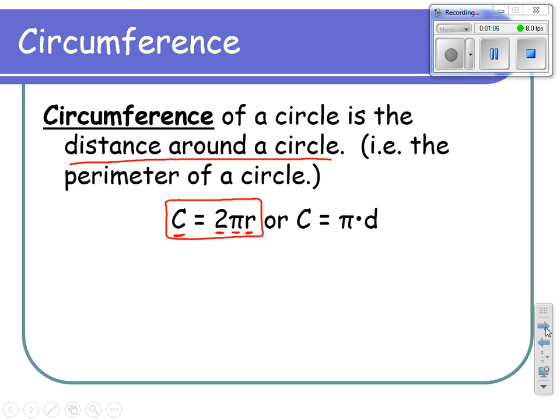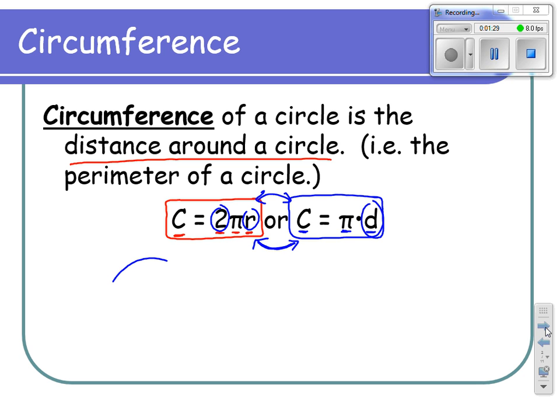Others, you may remember that the circumference is equal to pi times the diameter. These two formulas are really the exact same thing, because 2 times r is the same thing as the diameter. So these two formulas here, they are basically the same thing.